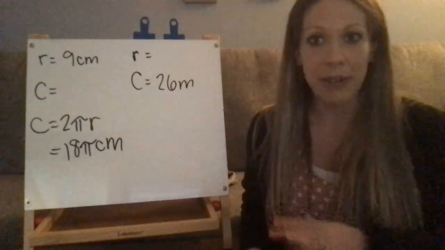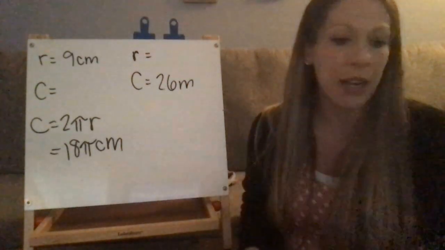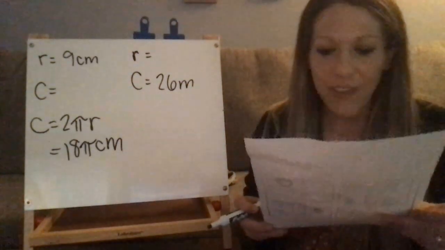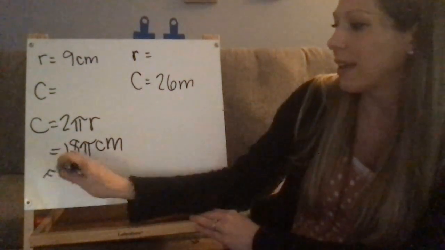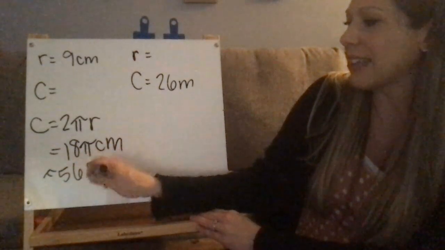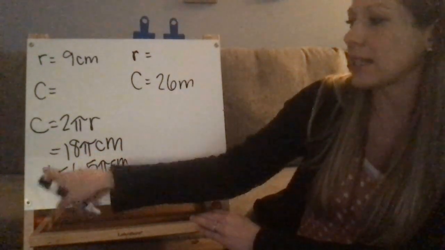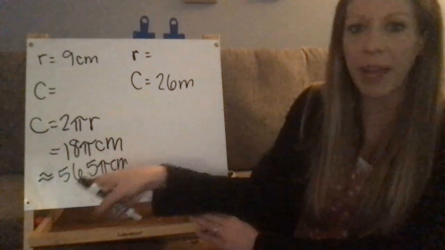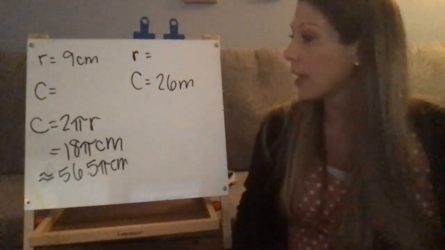So because we're talking about distance, we do not square our units, just 18 pi centimeters, or if we type that into our calculators, that's about 56.5 centimeters. I typically like the exact answer when it's possible, but this also works. Just make sure you're using the pi button on your calculator.